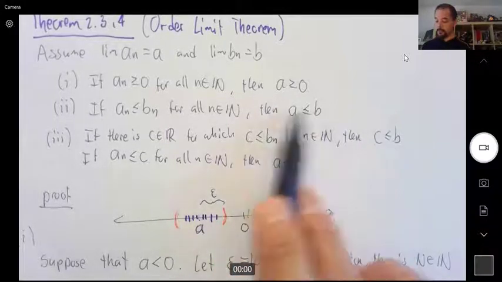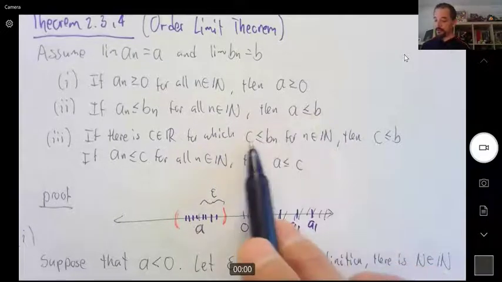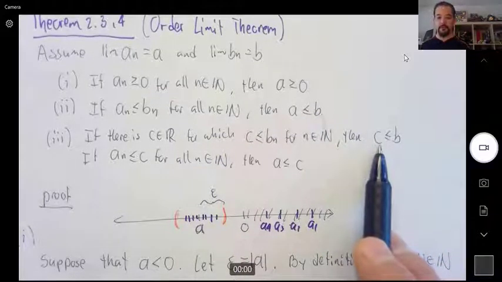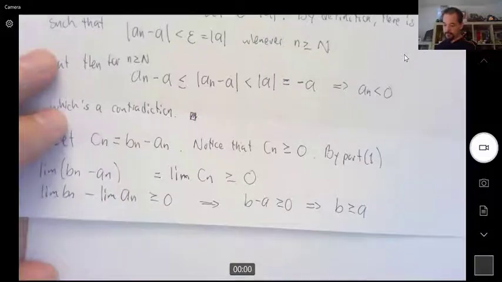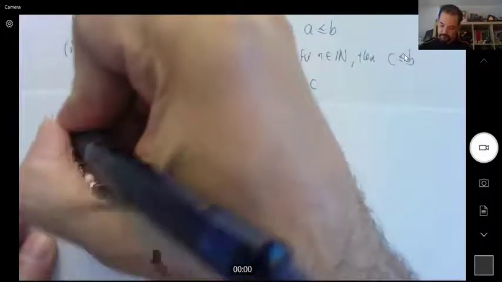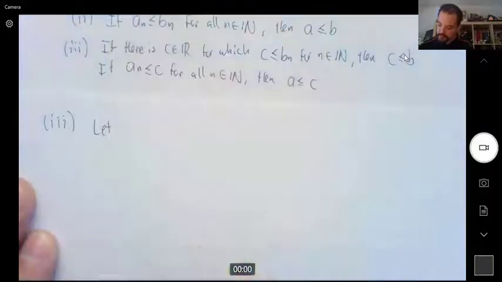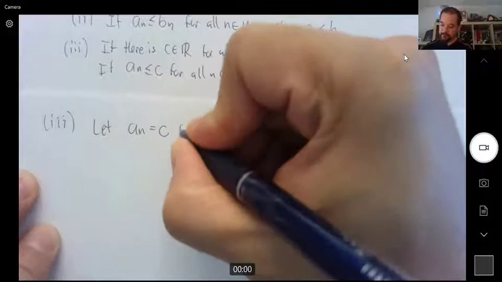And then by the previous part, we know that a is less than or equal to b, but the limit of a constant sequence has to be the constant itself. All right? I'll write a sentence just so I don't leave you hanging here, but it's really that easy. So for part number 3, let an be c for all n.